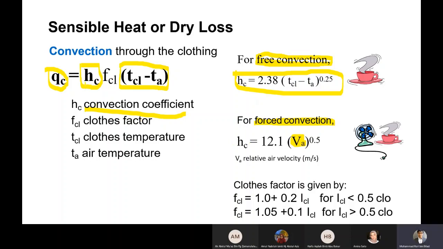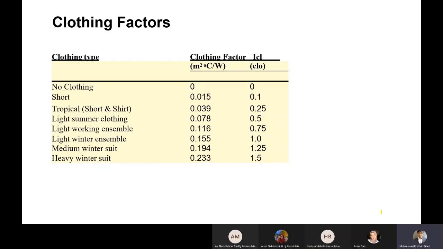We get this one, HC. Now FCL. FCL is the cloth factor. It's given from the empirical equation. It really depends on the ICL. You look into the ICL, then you can estimate what is the FCL. Simple. So this is the clothing factor.